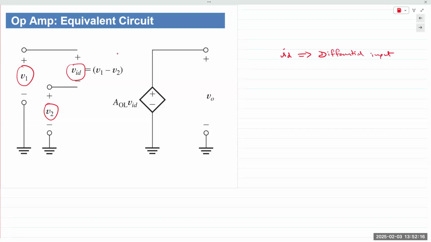And V out can be described as a dependent voltage source that is dependent on VID. So the gain times VID. As VID increases, V out also increases.